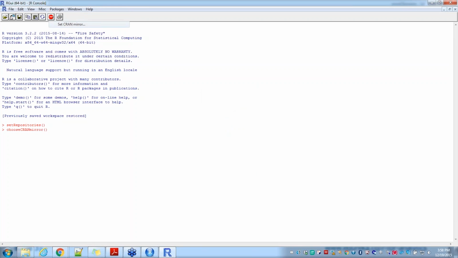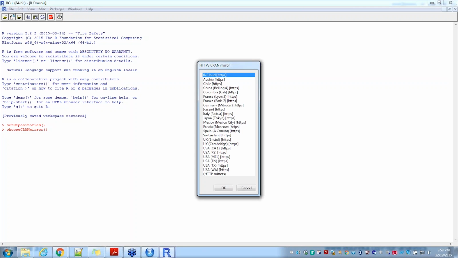What else? So set the CRAN mirror. And what this means is that if you need to update or download a package, the copies of all of these packages are available in servers that are located in various places in the world. Okay. And you could choose a location in India or anywhere in Southeast Asia or in the larger Asian world, and then you could download your packages from there, and the downloads then would work faster.